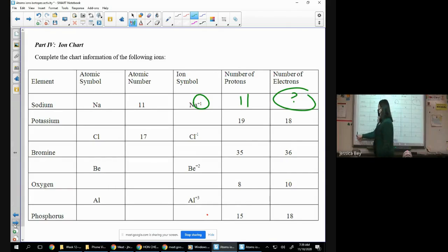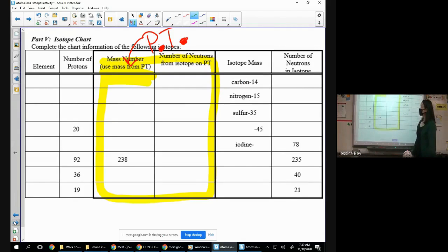And then the last chart there is going to help you compare isotopes. Okay. The section that's bolded in the middle, you're going to use the mass off the periodic table. And then the one on this side is going to give you an isotope of that, okay? So it's kind of like a puzzle, figuring out where and how you use everything.